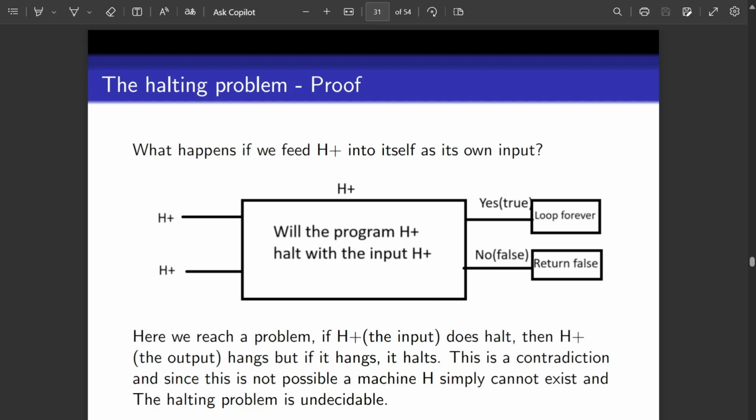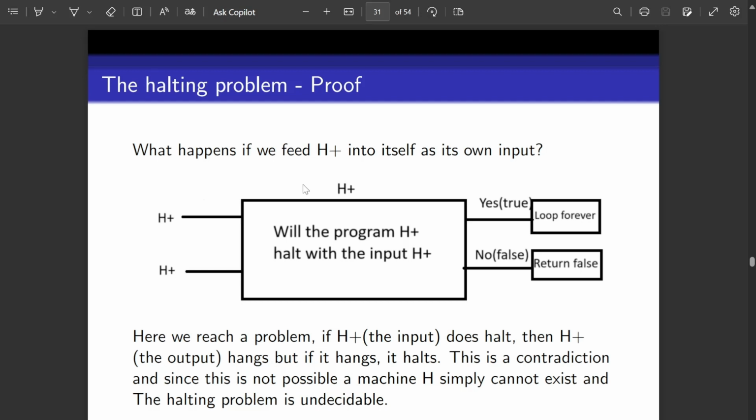I can go back and re-explain it. So H plus is the actual machine. How do we feed that in as an input? What I mean by this is we make a duplicate program of itself and put it into H plus and use it as its own input.